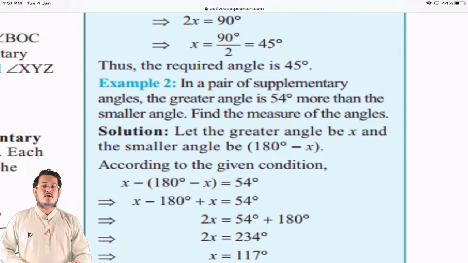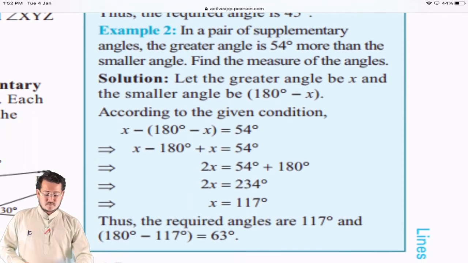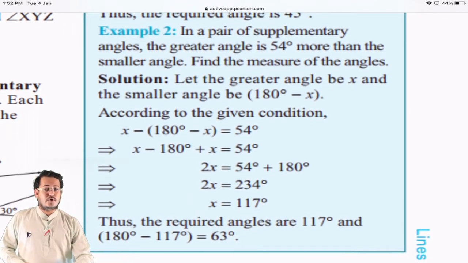Again we have to find out the value of x. So 234 divided by 2, so x is equal to 117. So we got the value of x, that is of the smaller angle, that is 117, and it has been said that the greater angle is 54 more than. So the next angle will be 117 plus 54 if you do, then you will get a different answer.